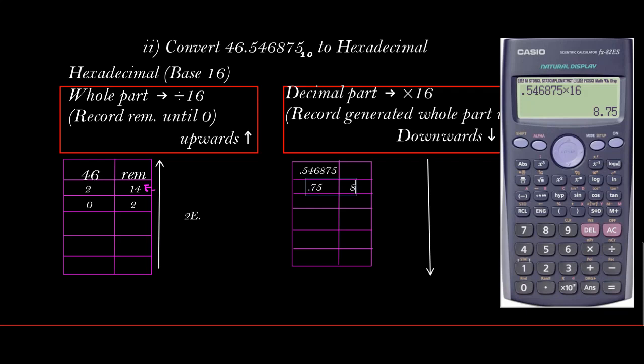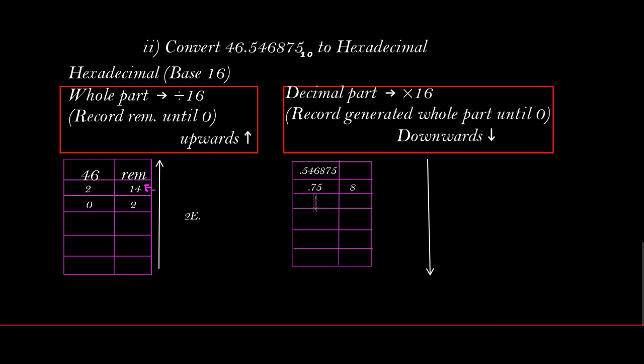So that 0.75 is what we multiply with 16 again. Remember, the whole part is what we are removing. So 0.75 times 16, we'll get, the whole part is 12, meaning 12.0. So we have 0, then the whole part is 12. So once we have 0, we've reached the end.